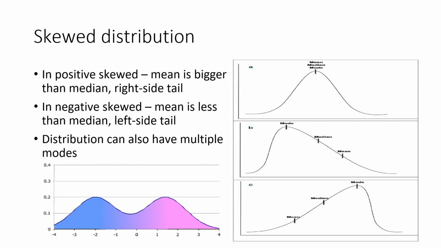You can have skewed distributions. So if you have a positively skewed distribution, the mean will be bigger than the median, such as in graph B over here. As you can see here, it has a tail that points to the right, which basically means that there are some big values on the positive end that are pulling the mean to the positive side.